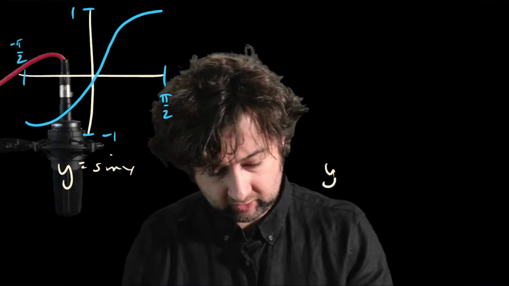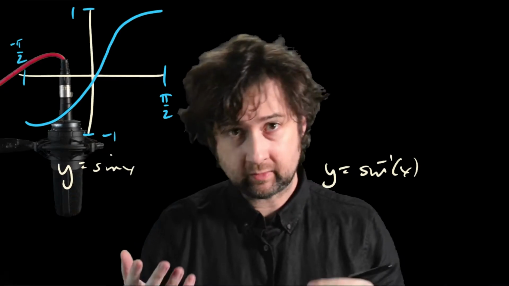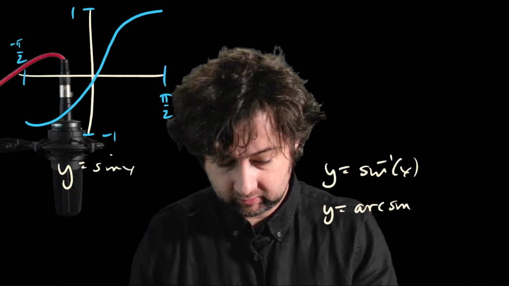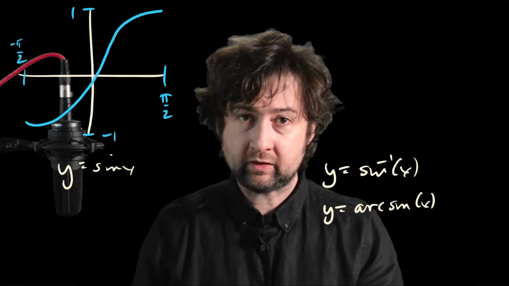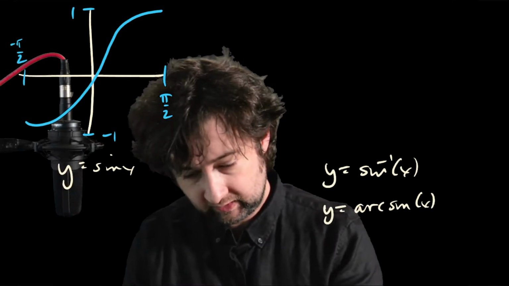So its inverse, y equals sine inverse of x, or sometimes we'll see the notation y equals arcsine of x, is a function that takes this graph and reflects it across the line y equals x.